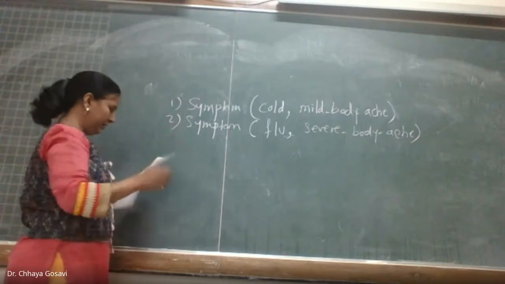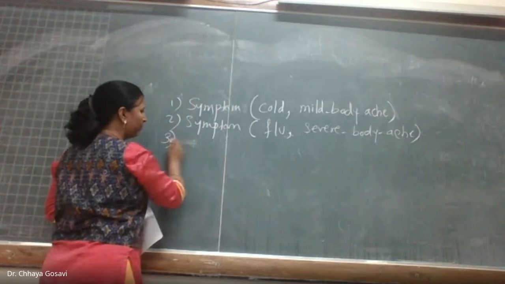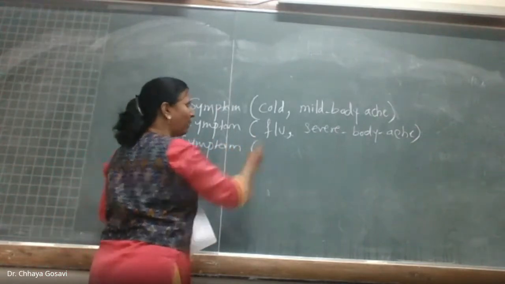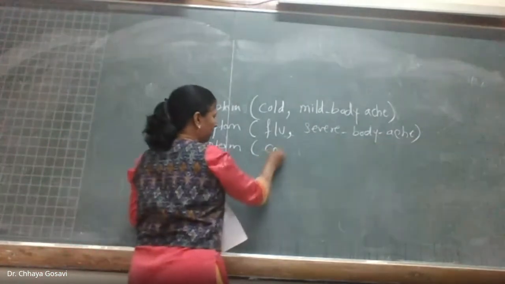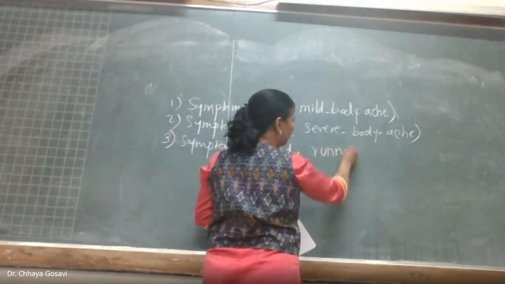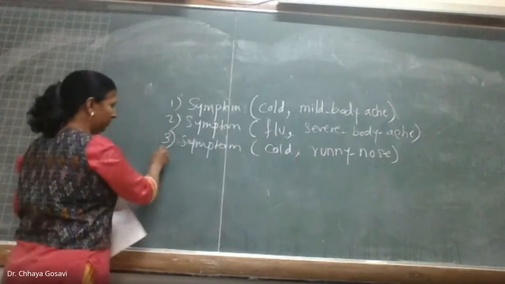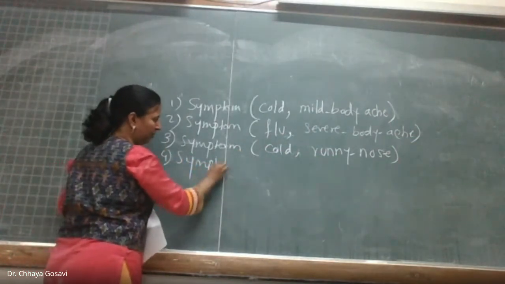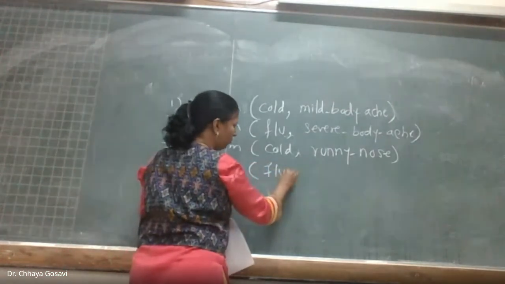These are the facts. Symptom for cold is mild body ache. Symptom for flu is severe body ache. Another symptom for cold is runny nose. One more symptom for flu is again runny nose.